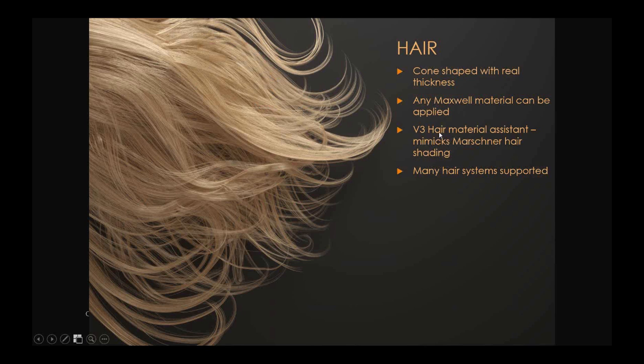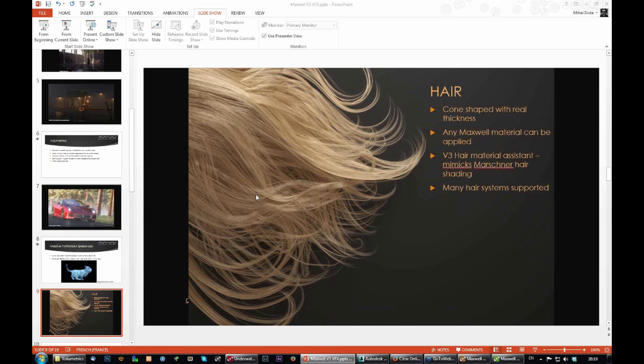So in version 3 we also added a hair material assistant, which lets you very quickly create different types of hair, and it mimics the look of the Marschner hair shading. So you get a secondary and a primary highlight control, and you can also create your own presets. It looks like this.